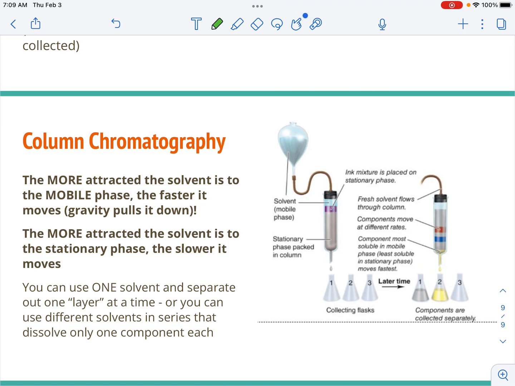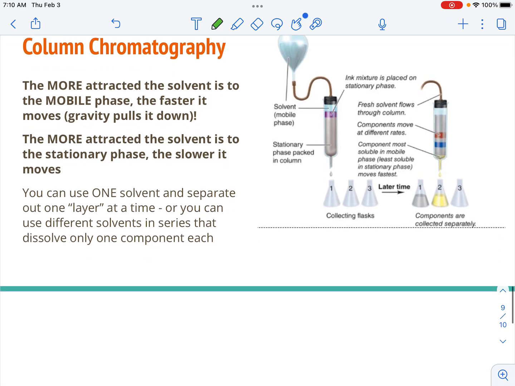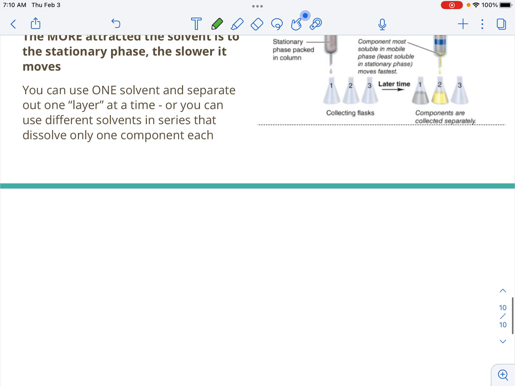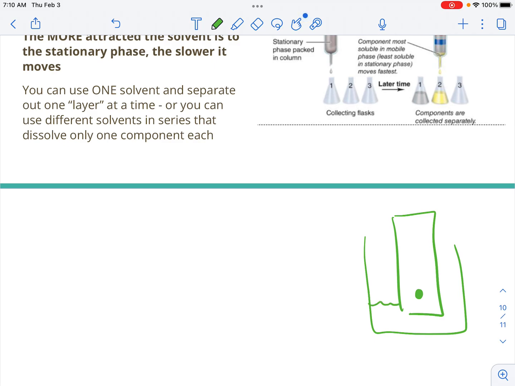So we can use one solvent at a time, and this is what we're going to do in the lab, and I think you'll understand it better after that. But I did want you to get an idea. Most of you have done paper chromatography where you had your piece of paper maybe in strips and you put a dot of ink on it, or you dotted a pigment on it, and then you set it down in a beaker that has a liquid here.